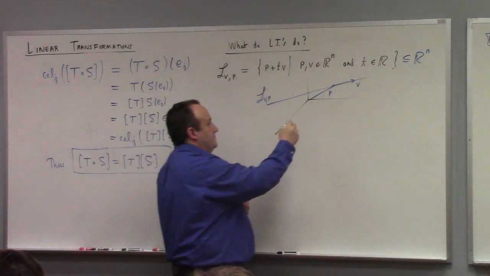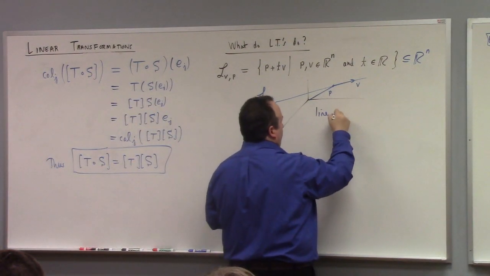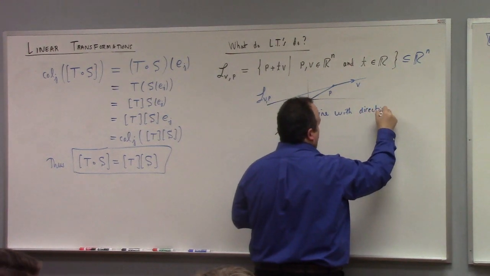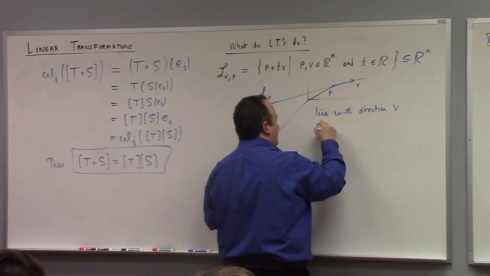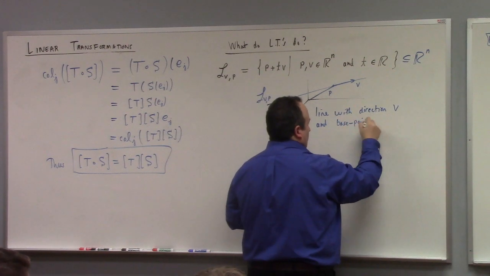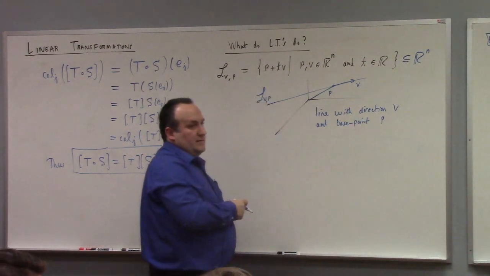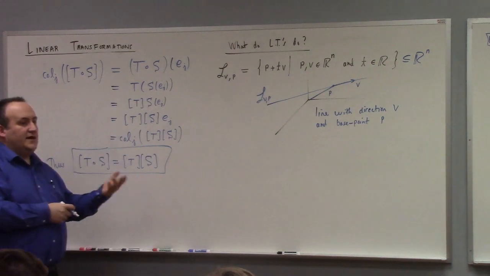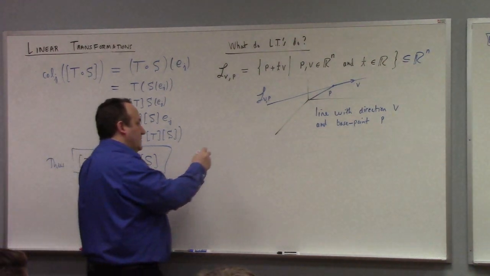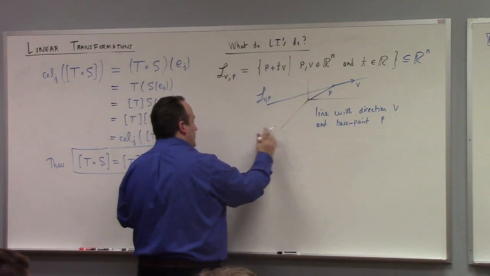Natural question to ask. If you have a linear transformation, what does it do to a line? Right? Can we figure this out?